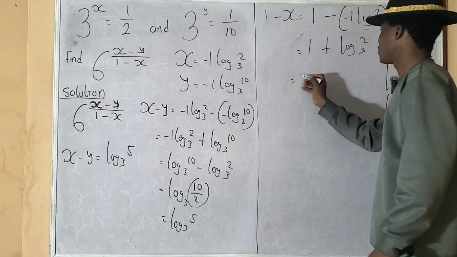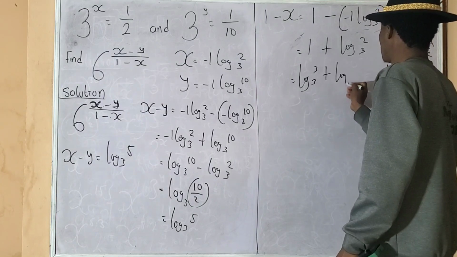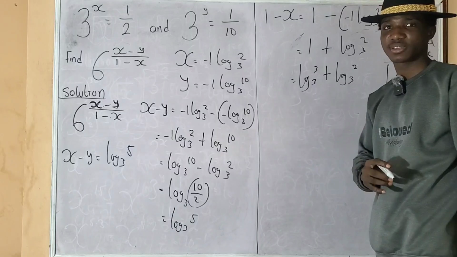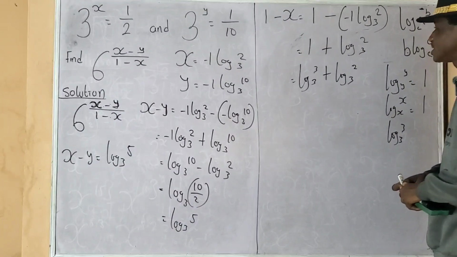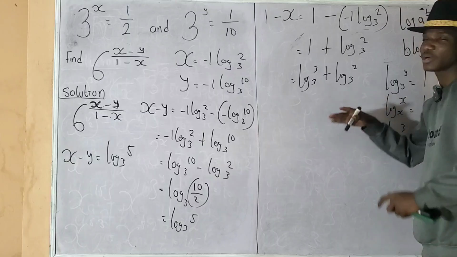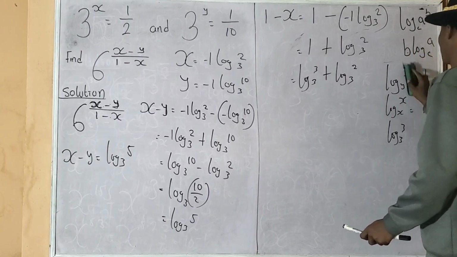So I'm going to have log 3 base 3 plus log 2 base 3. Now, we have the sum of a log. Do not forget that when you have the sum of a log, that will give us the log of the product.